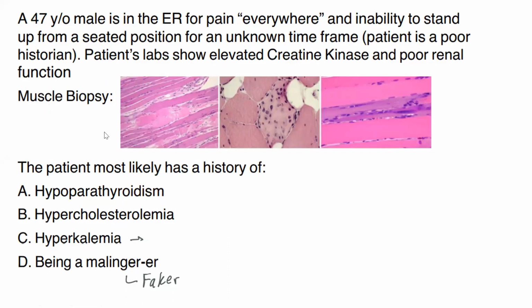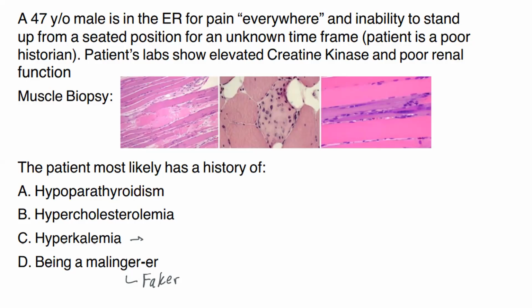Here's your muscle biopsy. What does the patient most likely have a history of? This is going to be second order, where you have to think about what we just covered, the toxic myopathies, and what statin treats and what chloroquine treats.